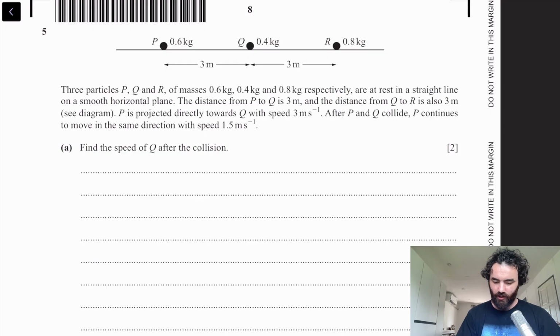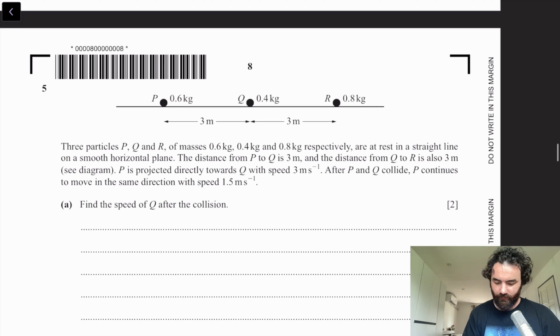Three particles, P, Q, and R of masses, are at rest in a straight line on a smooth horizontal plane. The distance from P to Q is 3 meters. P is projected towards Q at 3 meters per second, so this is going to be a momentum question. After P and Q collide, P continues to move in the same direction.